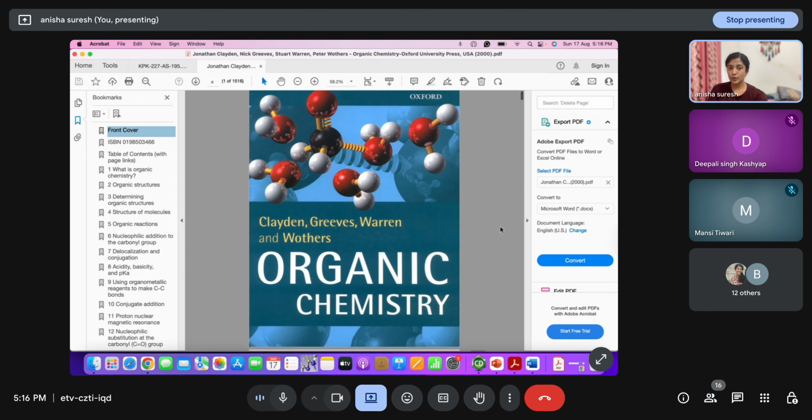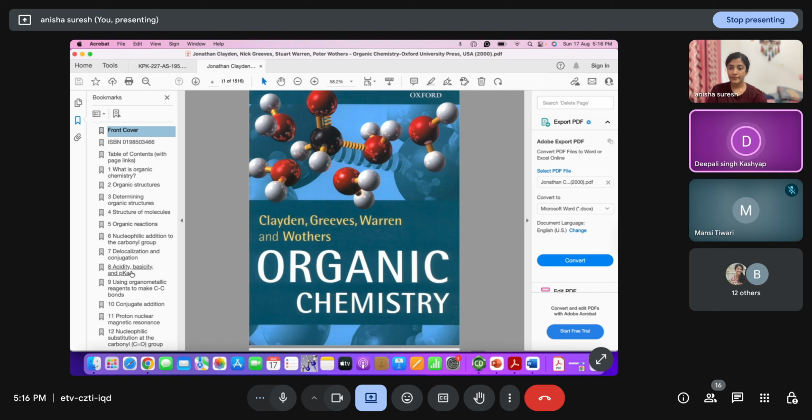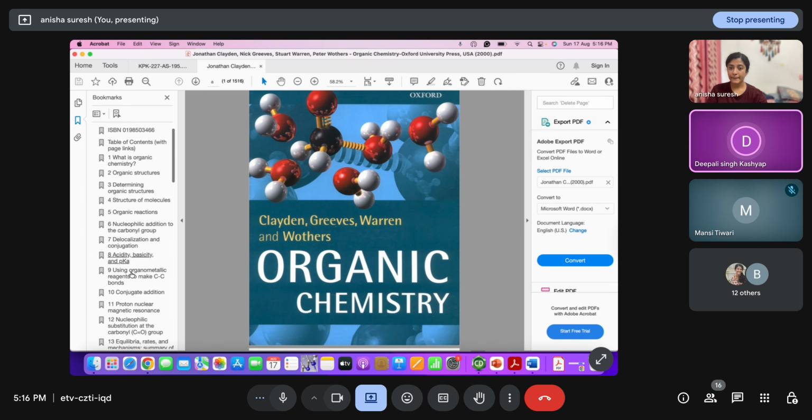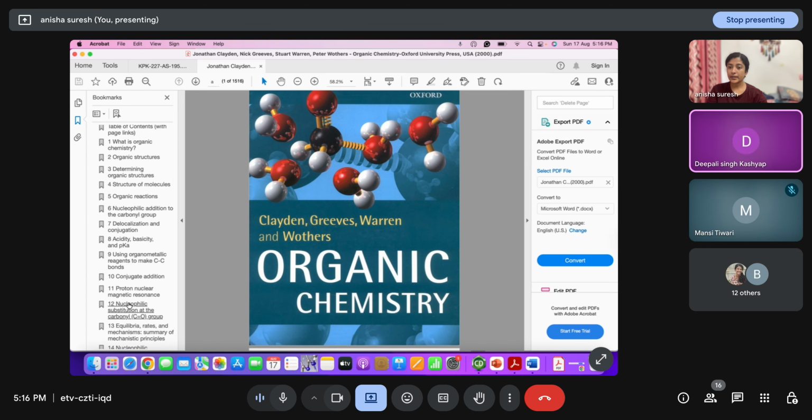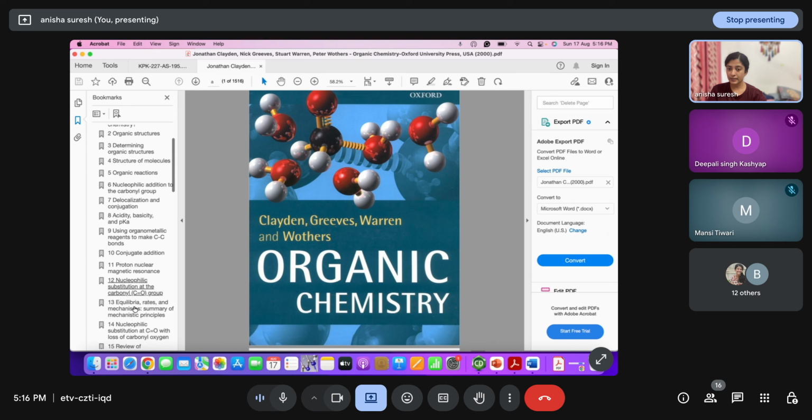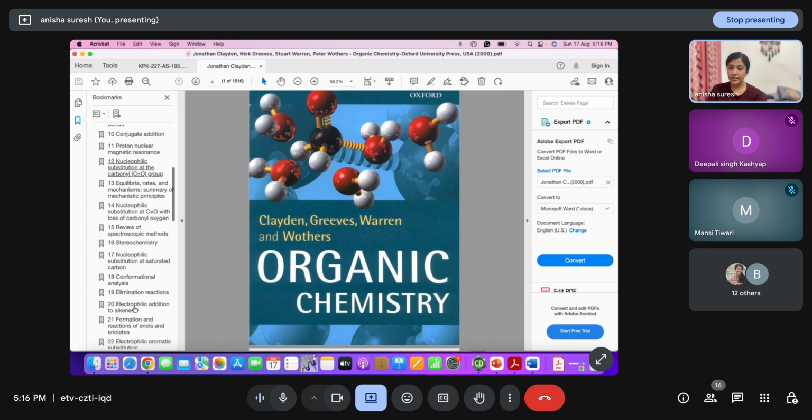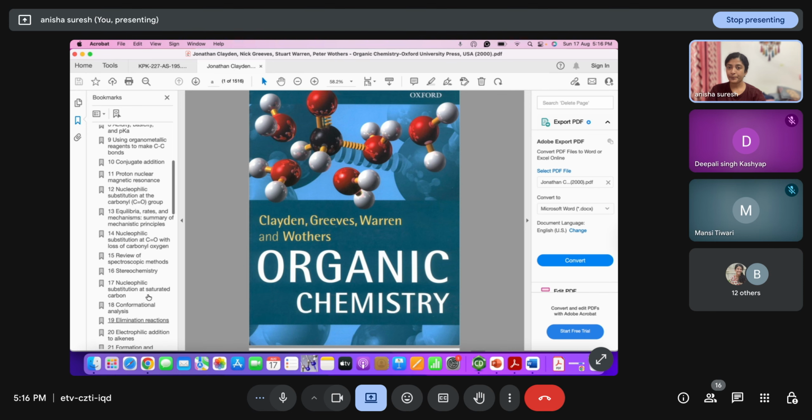So this is the textbook I am having. Yes, ma'am. This is the first edition, I think. Okay. So here, chapter 12, that is nucleophilic substitution at carbonyl group, and chapter 19, elimination reactions. For E1cB and all, you can follow this chapter 19.